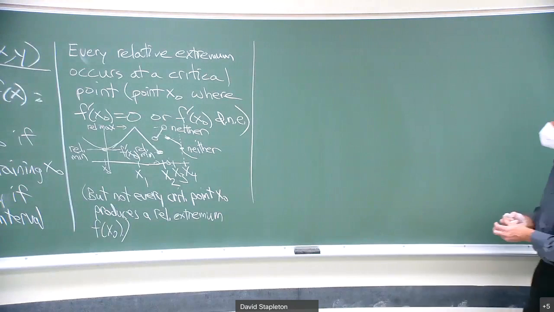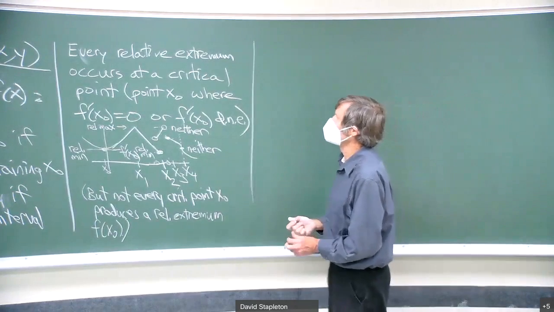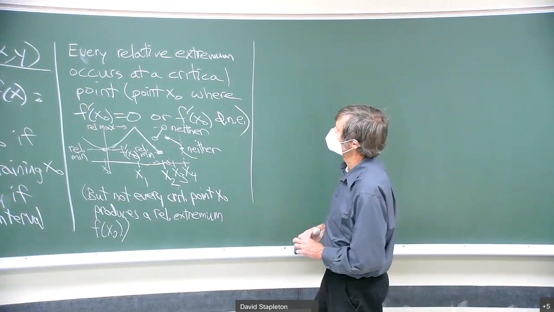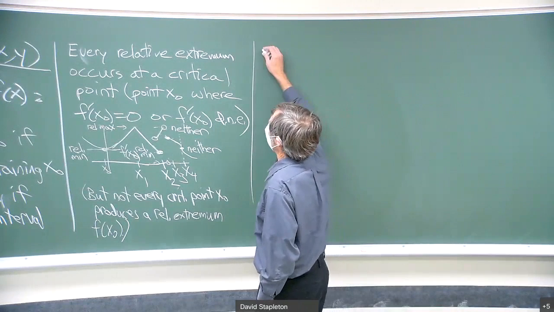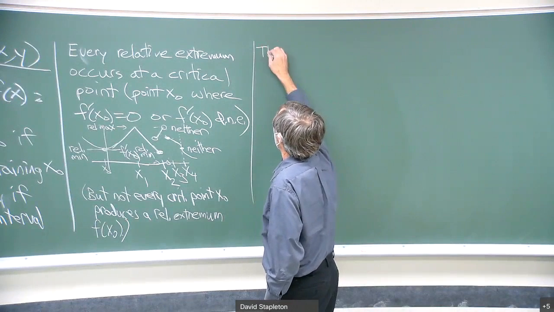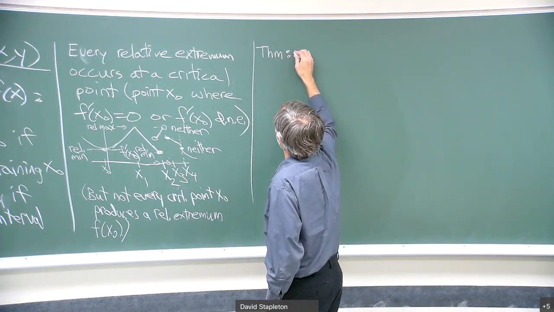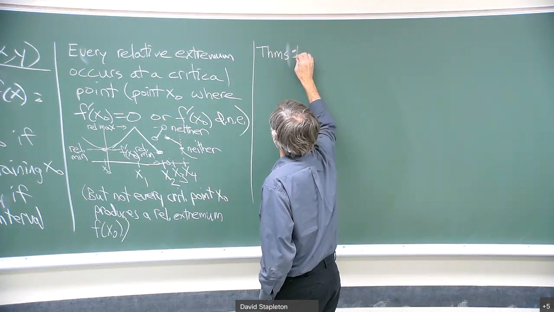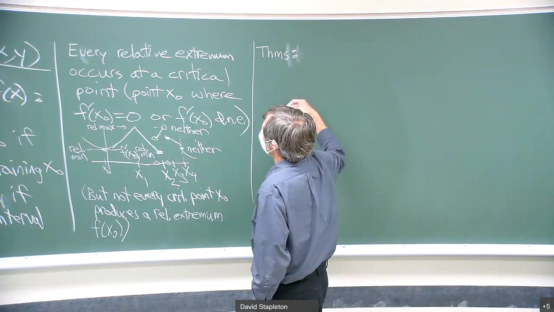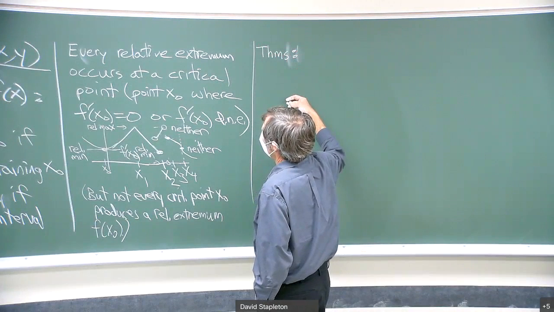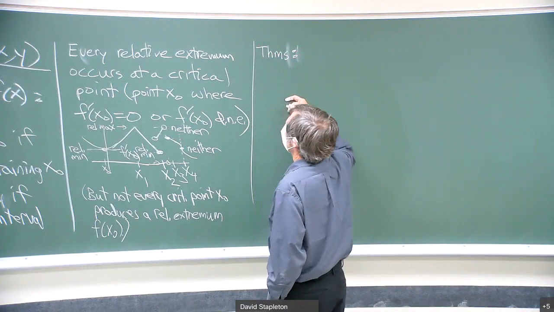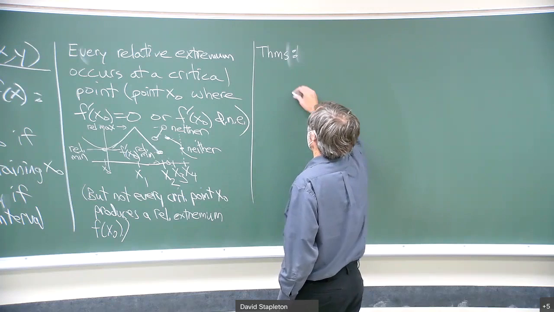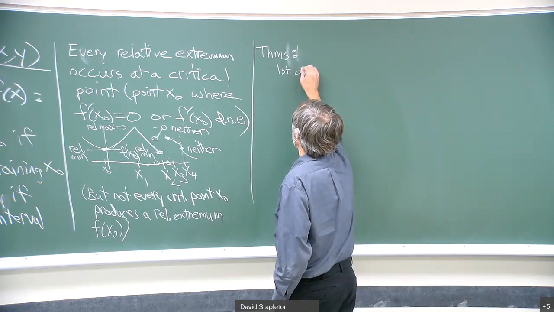So how do we find a sufficient condition to know that there's an extremum there? Well, we had a theorem, right? There were two theorems, I should put both of them here. There's a first derivative test and there's a second derivative test.